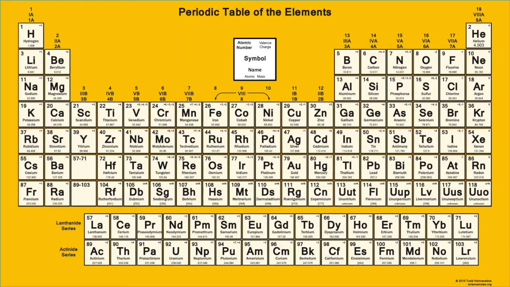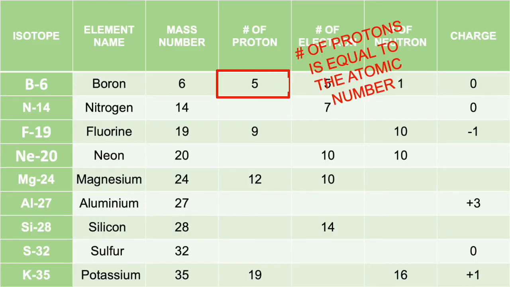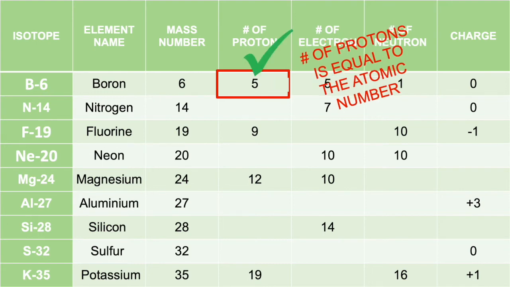Let us check our periodic table of elements. Boron is found at the right side of the periodic table, and it has an atomic number of 5. So if boron has an atomic number of 5, that means it also has 5 protons. So 5 is the correct answer.